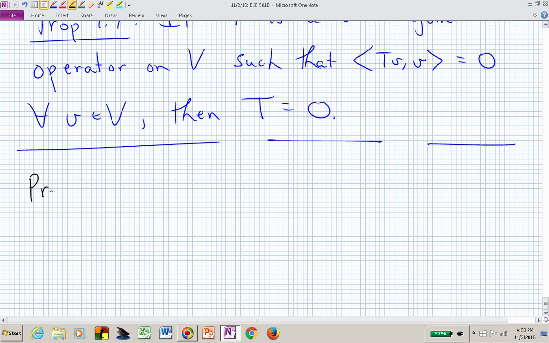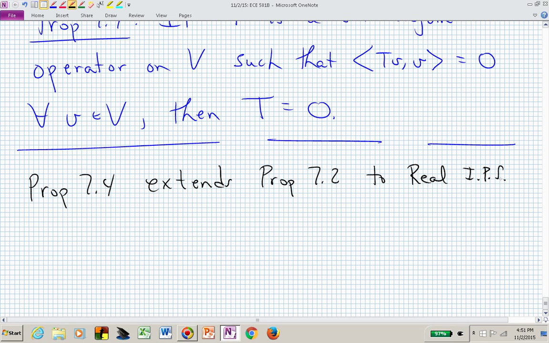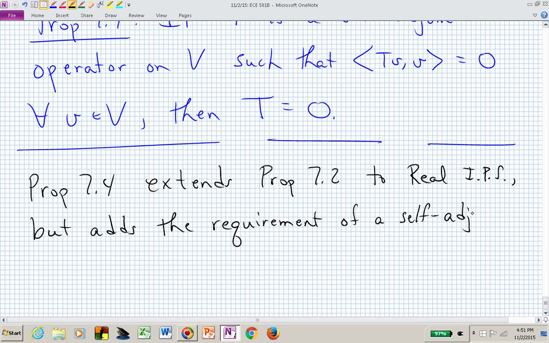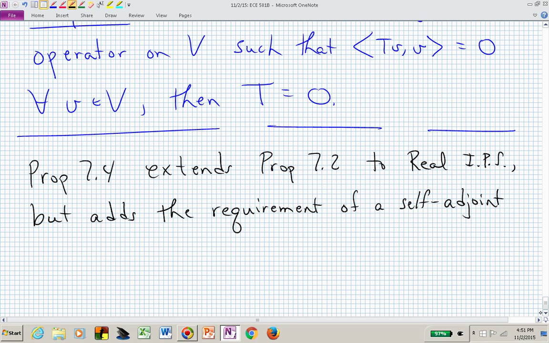Proposition 7.4 extends Proposition 7.2 to real inner product spaces, but adds the requirement or the constraint that now this operator needs to be self-adjoint.